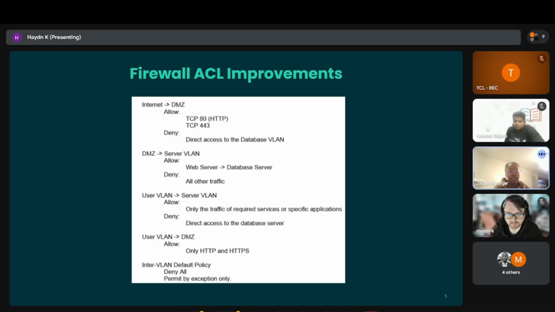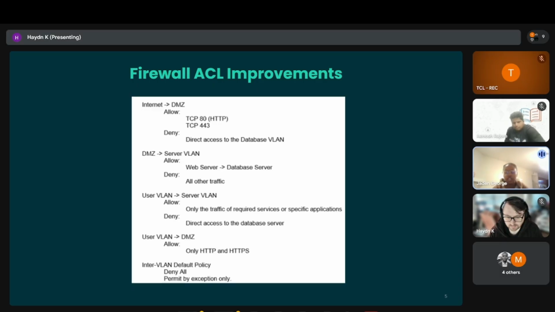And then for the DMZ to the server VLAN, we'd allow traffic from the web server to the database server and then deny all other traffic. And then for the user VLAN to the server VLAN, we'd allow only the traffic of required services or specific applications. So we'd do that and then deny direct access to the database server again.